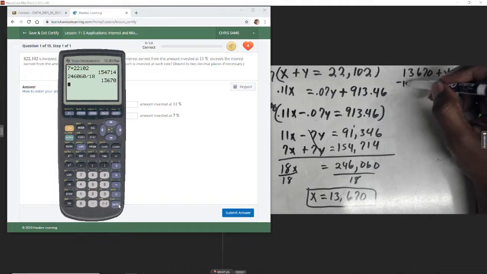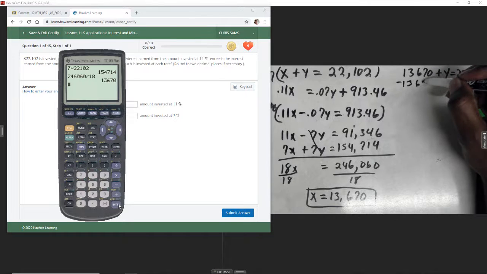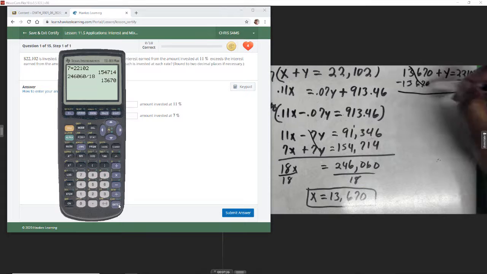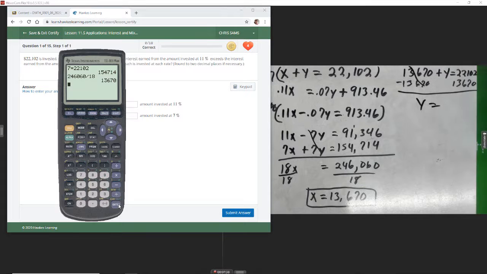And then if we subtract the 13,670 from both sides, that leaves us with y equals, borrowing the 1, 8432.